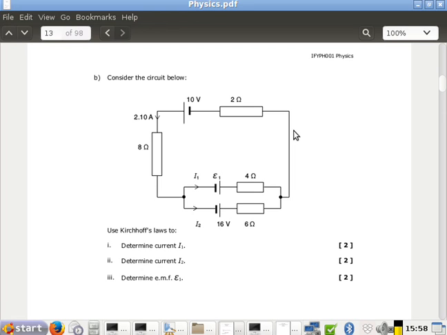I misspoke. I said here is I2. It's not. What is here? It's 2.1, because the I1 and the I2 come together here and they make 2.1. So I should have said minus 2 times 2.1. Okay? So you have 3 equations and 3 unknowns. The 3 unknowns are I1, I2 and E1.